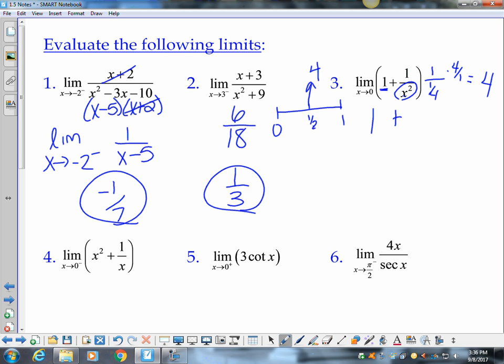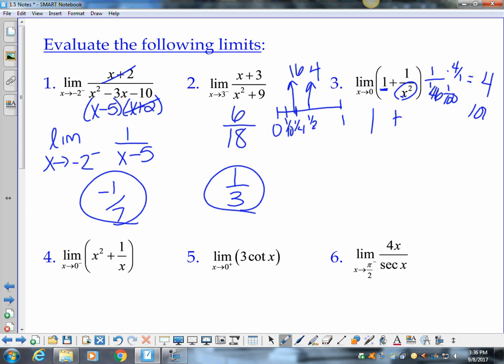Okay, let's go closer. Let's go a 4th. Well, if I plug a 4th in there, that's a 1/16. Flip it, that's going to give me a 16. So what's happening to my fraction now? It's getting bigger. And then if I go 1/10th, plug a 1/10 in there, that's going to give me a 1/100th.